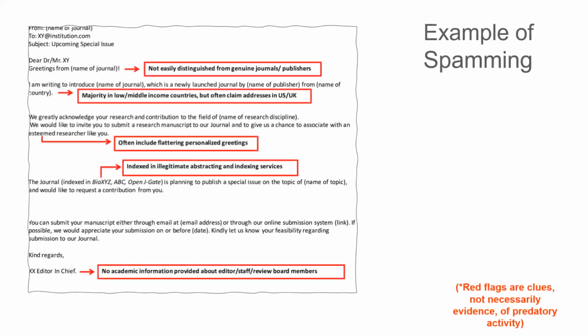All of us have seen these kinds of emails, which are basically spam that you receive. Nobody knows how the names or email addresses are harvested from the internet. But some of their language gives this away, especially if very flattering language is being used. Also, if it mentions indexes, but the indexes are not recognizable, it's not Scopus or Web of Science or legitimate journal indexes.